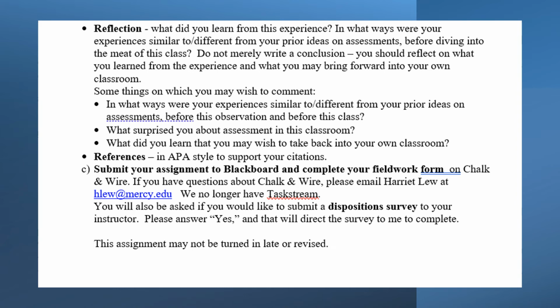What surprised you? What did you learn that you may take back into your own classroom? You can write a conclusion as well, but it's the reflection that is going to really tell us what you learned from this assignment. You have to have 3 citations and references in APA style to support your citations.